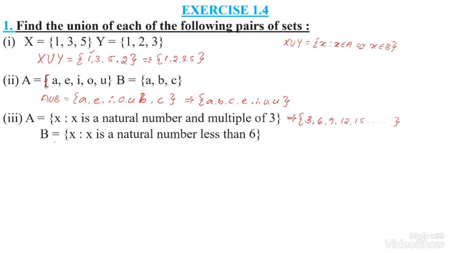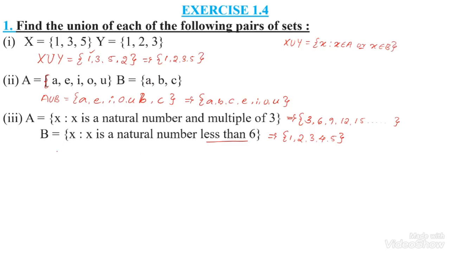And set B: x is a natural number less than 6. What are the natural numbers less than 6? 1, 2, 3, 4, 5. They have given less than 6, so we have to take only 1 to 5.